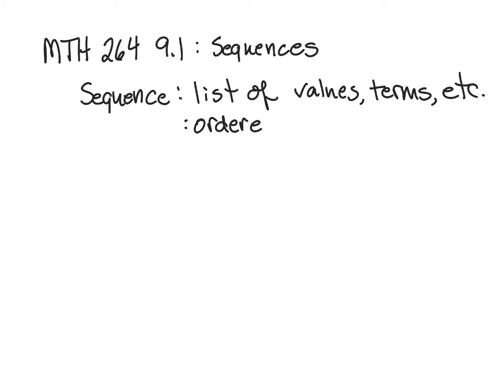In other words, it matters which one comes first, because a sequence is going to be represented with a little subscript like this right here. Usually we use n, sometimes it's i, j, k. It depends on what you're doing it for.